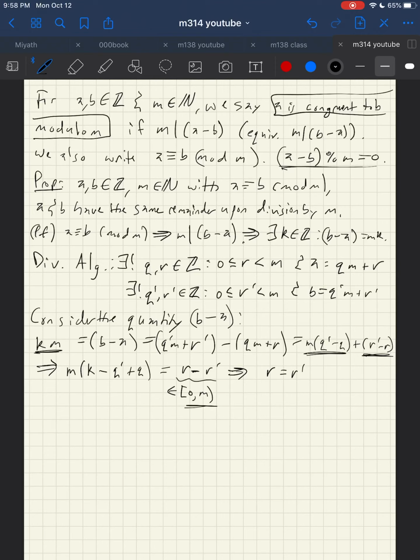All right? So this last step's a little bit tricky, because it involves making a leap of logic. The difference r minus r prime is a multiple of m, so it has to be m times something, but I've got the difference of two things that are strictly less than m and non-negative, so they must be equal then.